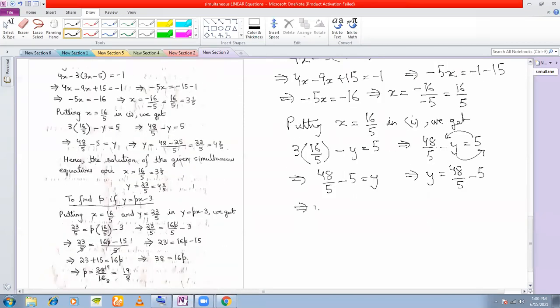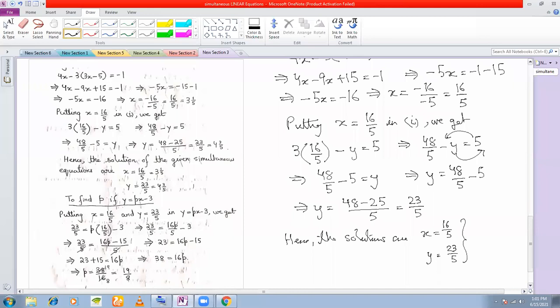Taking the LCM, y is equal to 48 minus 25 divided by 5, that means this is 23 by 5. Hence, the solutions are x is equal to 16 by 5 and y is equal to 23 by 5.